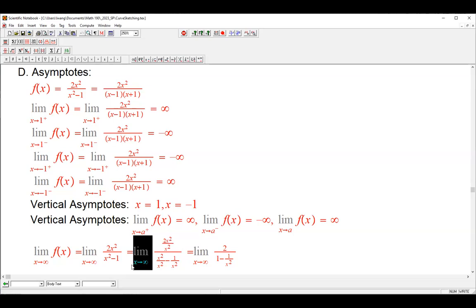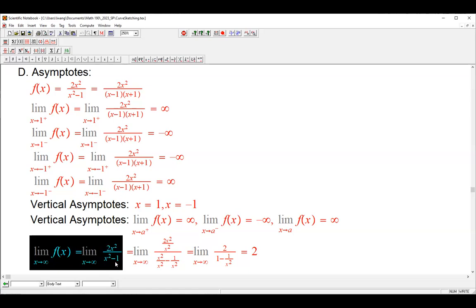Because x is approaching infinity, we can assume x is a very large positive number. So we can divide x squared on the top and x squared on the bottom. Basically, we apply principle number 1. So we ended up with something like this. Now each individually exists. This 2 is a constant, 1 is a constant. This piece has a limit 0 as x approaching infinity. So this limit is 2.